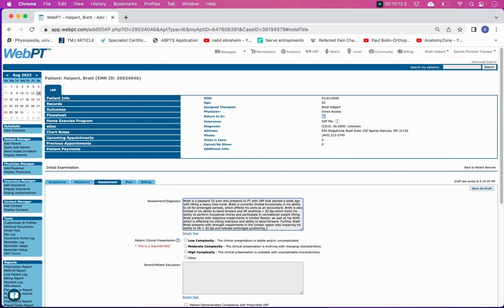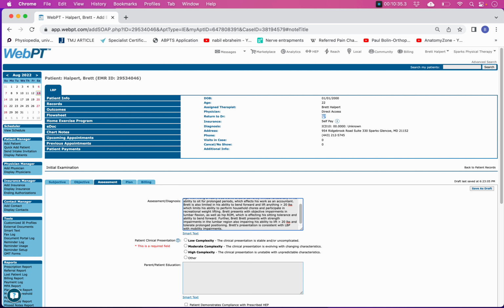And then we can just throw in a TBC, treatment-based classification, or whatever you'd like to do for low back pain. So we'll say Brett's presentation is consistent with low back pain with mobility impairments.